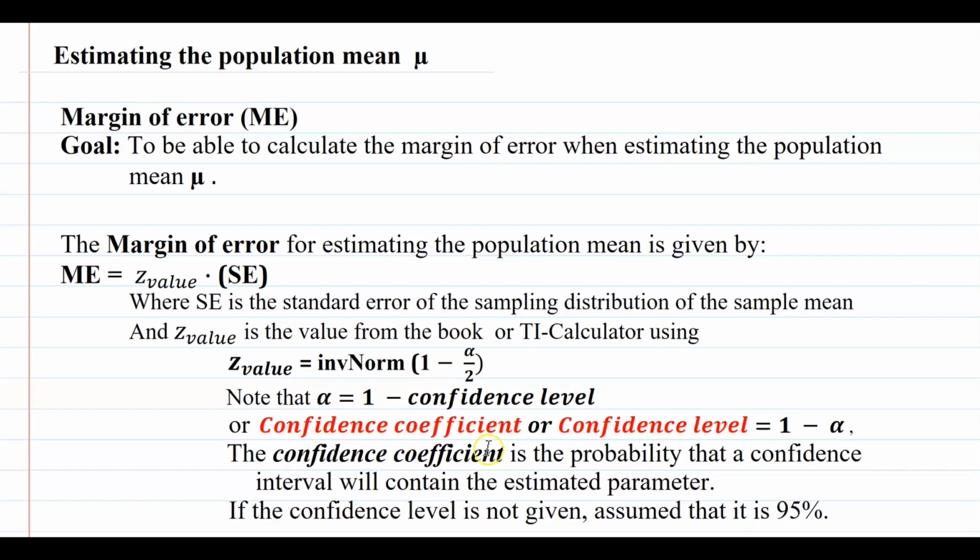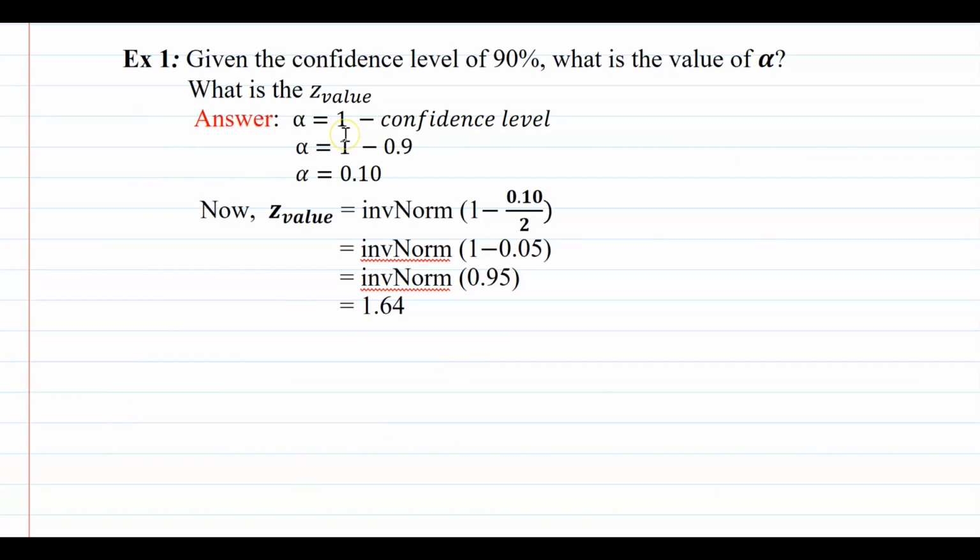The confidence coefficient, 1 minus alpha, is the probability that a confidence interval will contain the estimated parameter, for example, mu. And if the confidence level is not provided in a problem, you have to assume that it is 95%. Now let's take a look at an example of how to determine the Z value.